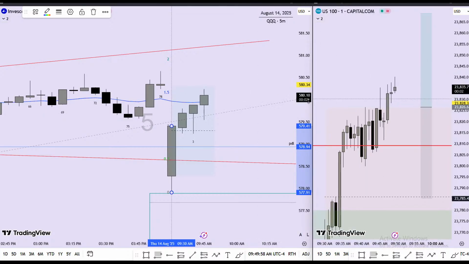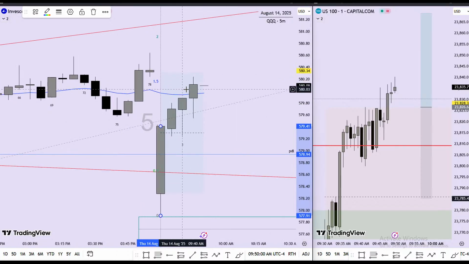So let's see how this candle closes, whether we move above. We have closed above the moving average.